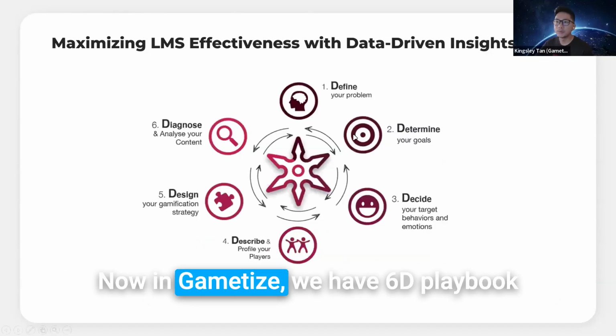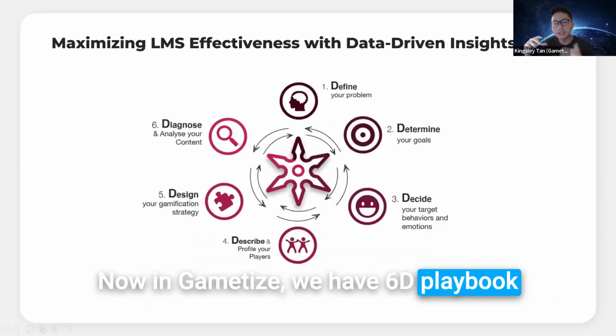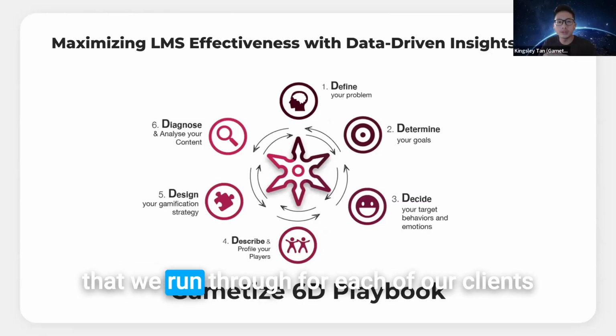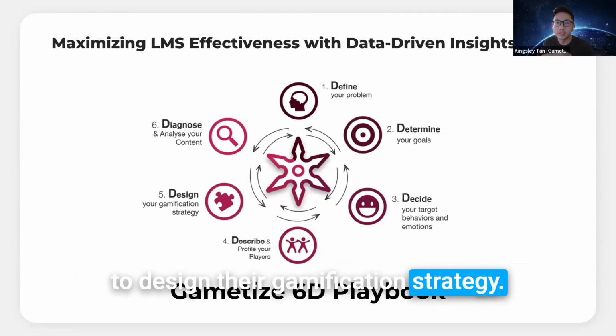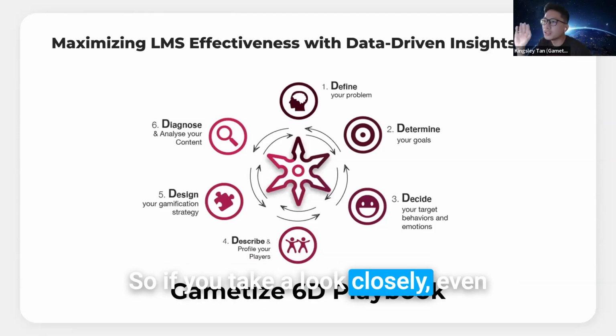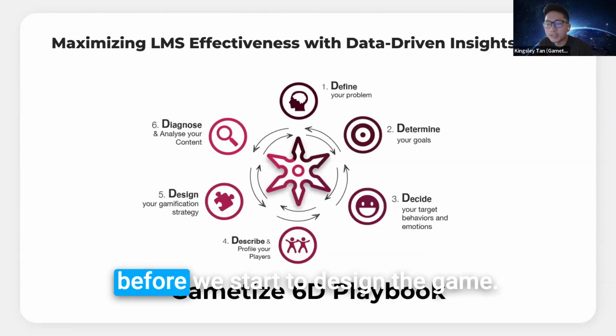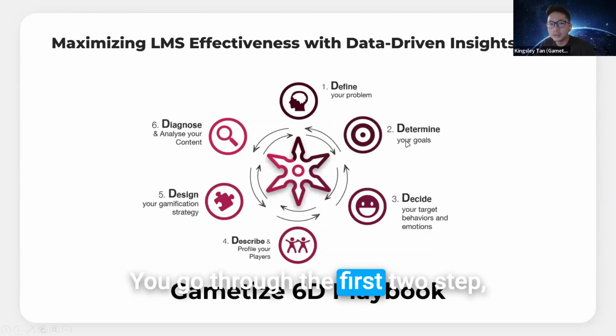Now in Gametize, we have a Gametize playbook that we run through for each of our clients to design their gamification strategy. If you take a look closely, even before we start to design the game, you go through the first two steps, which are to define your problem and also determine your goals.